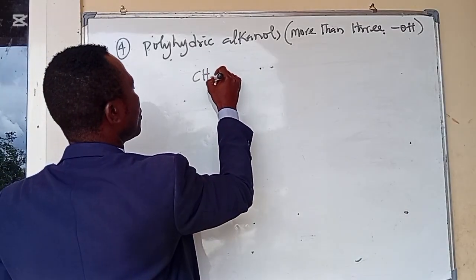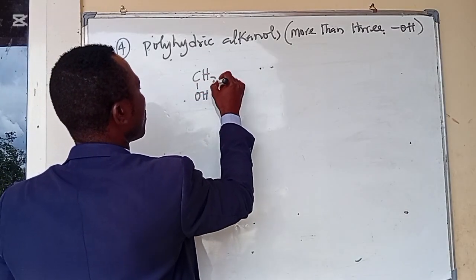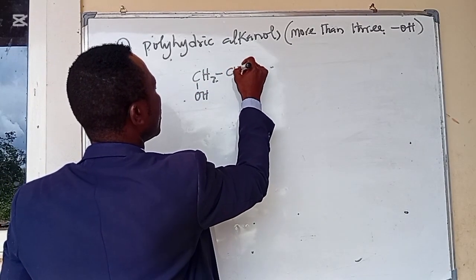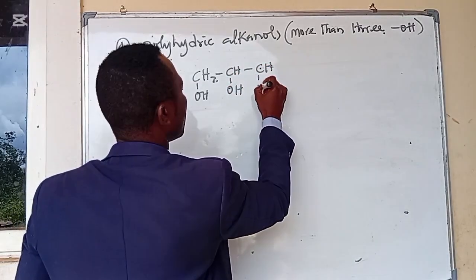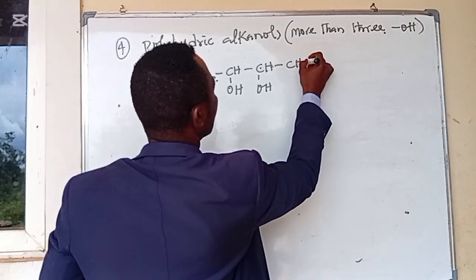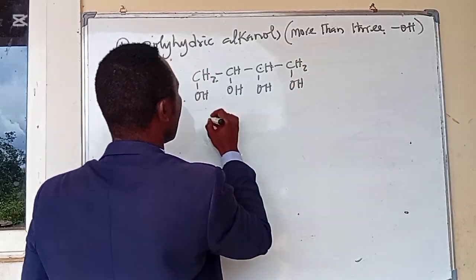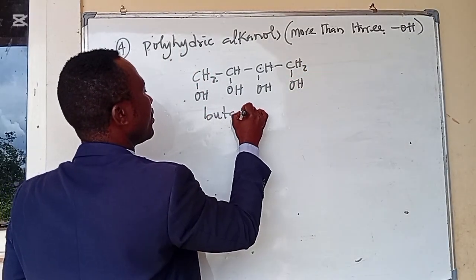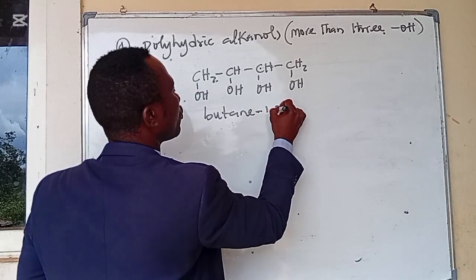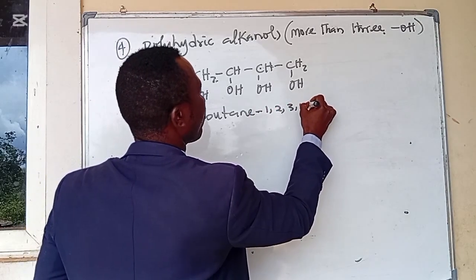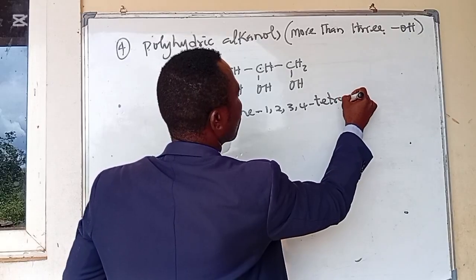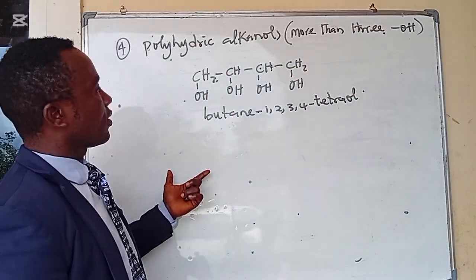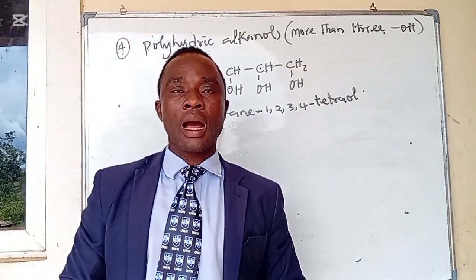Example is CH2OH, you have a CHOH, you have a CHOH, then you have CH2OH. This is butane-1,2,3,4-tetraol. So this is a polyhydric alkanol.